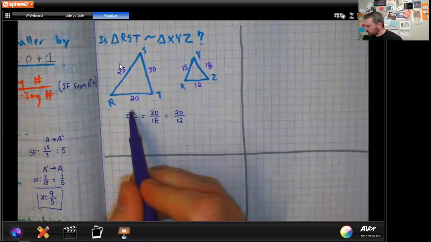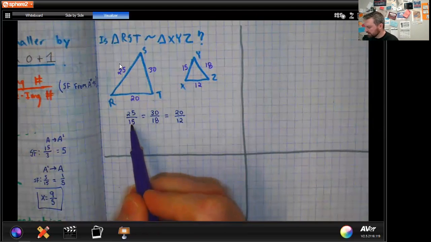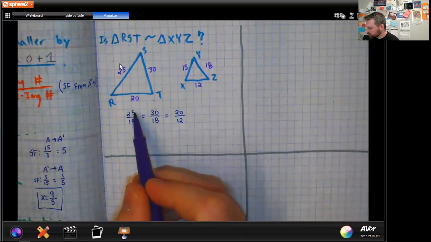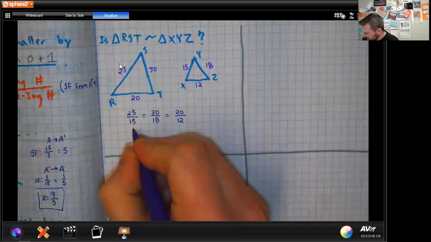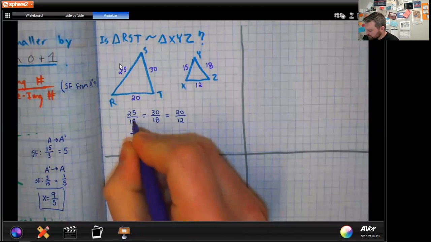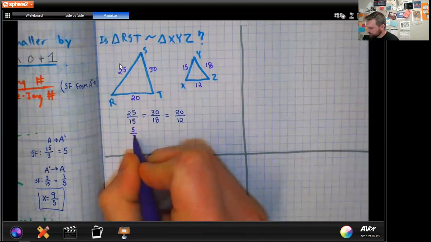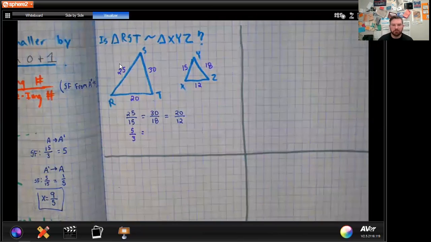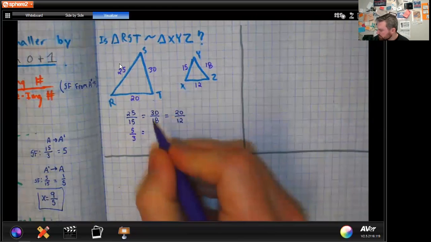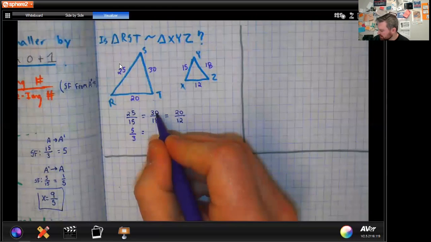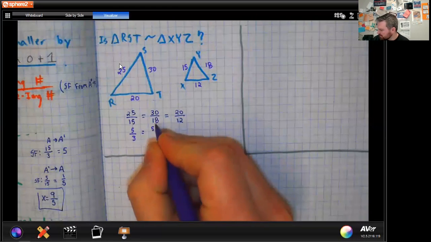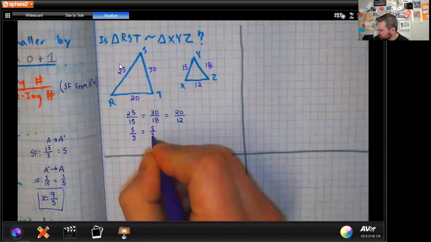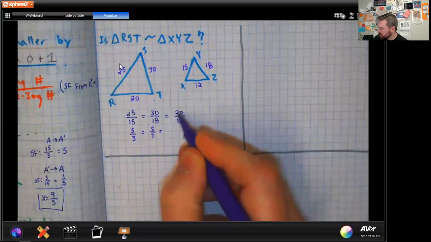So the lowest that 25 over 15 can be is if I divide it by 5. So 25 divided by 5 is 5 over, and 15 divided by 5 is 3. Now my goal is to get each one to be 5 over 3. So 30 divided by 6 is 5, and 18 divided by 6 is 3. So that one works. And we also have to check the last one.